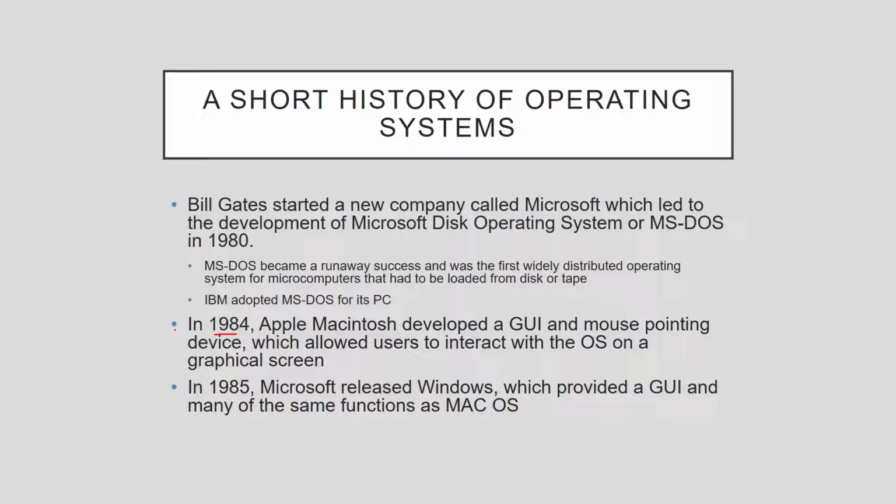The mouse allowed users to point at or click icons or to select items from menus to accomplish tasks. Initially, Microsoft chose to wait on development of a GUI, but after Microsoft saw the successful reception of the interface on Apple computers, it developed one of its own.